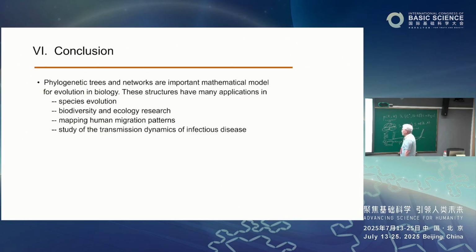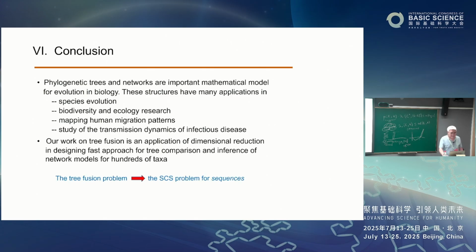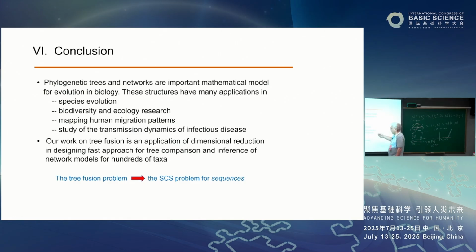Also studying the transmission dynamics of infectious disease like COVID. Our work on this problem is an application of dimensional reduction, designing a fast approach for tree comparison, also for inferring network models.